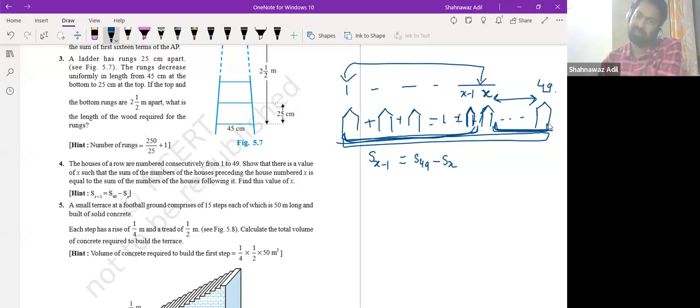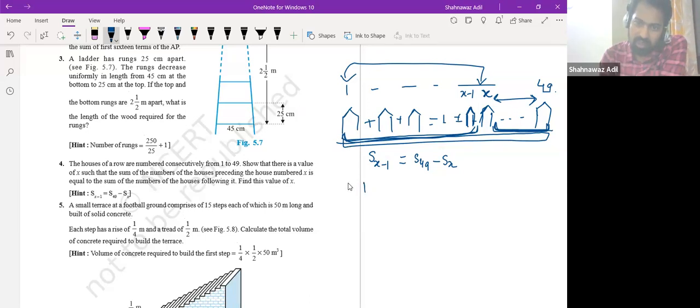Now, these houses are numbered consecutively from 1 to 49, so what is the common difference? It is 1.